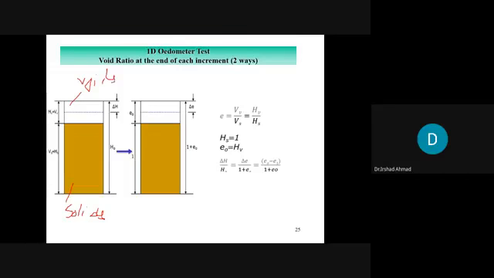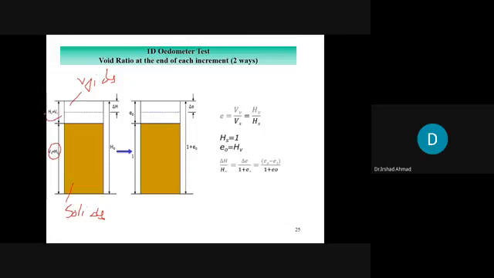So we have Vs, the volume of solids, or Hs, the height of soil solids. If you assume a unit area, the volume of the solids is equal to the height of the solids.